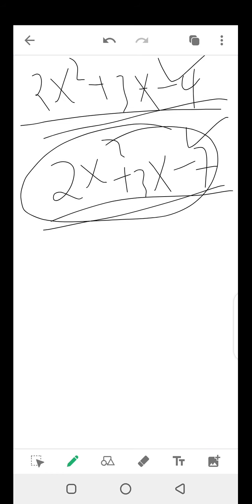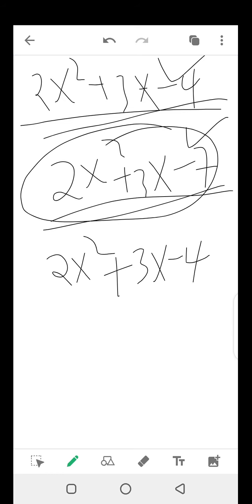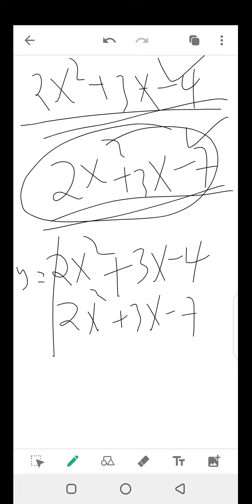So we have 2x squared plus 3x minus 4, then 2x squared plus 3x minus 7. Remember, this is y equals, so you subtract. This minus this is 0, this minus this is 0.